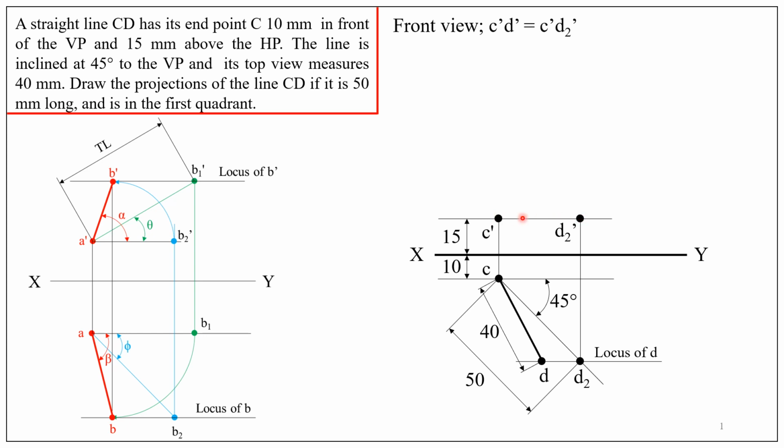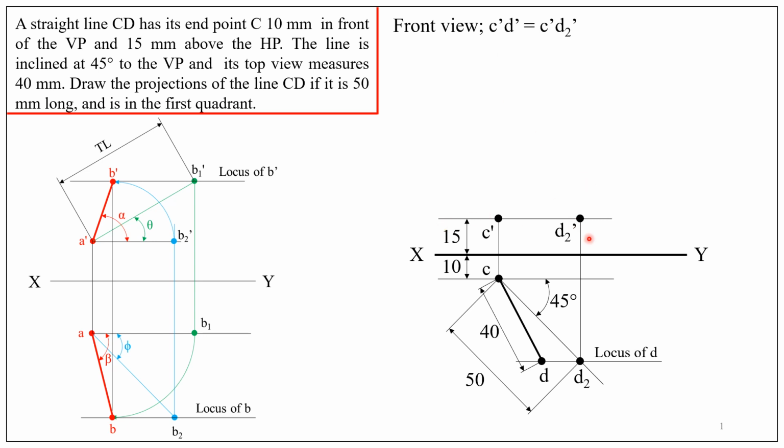We can measure C dash D2 dash. Definitely that is C dash D dash. But what is the orientation of the front view? Orientation in the sense, what is the angle alpha? It is not given. So theta is not given, alpha is not given. But we know the length C dash D dash, which is equal to C dash D2 dash.